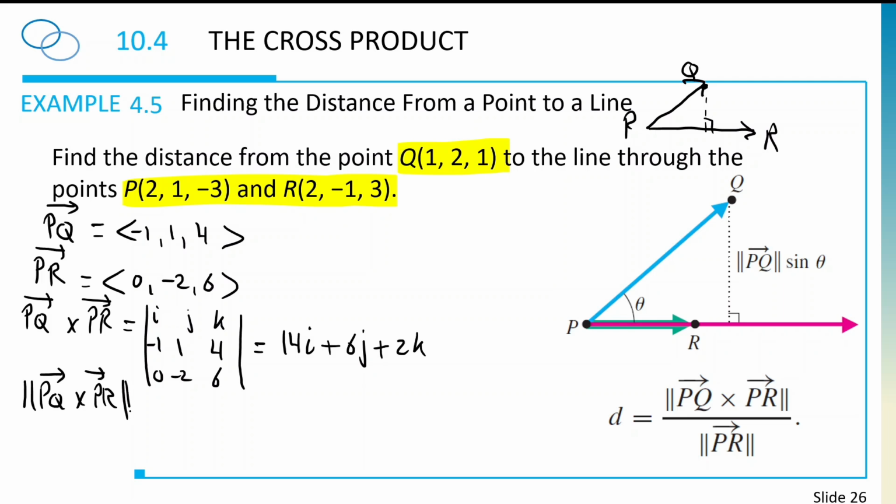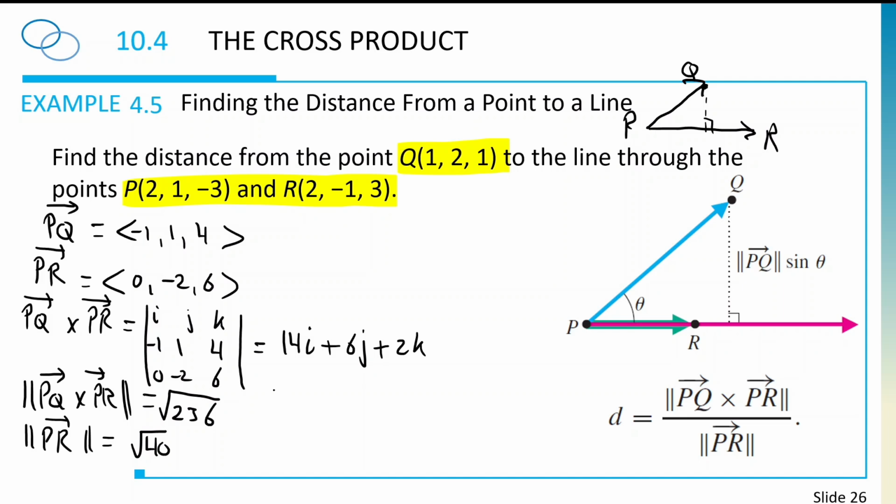The magnitude is radical 236, and I need the magnitude for PR as well. The magnitude of PR is radical 40.